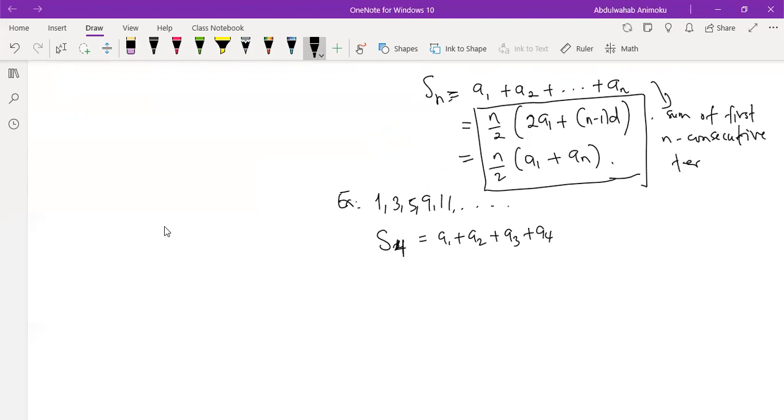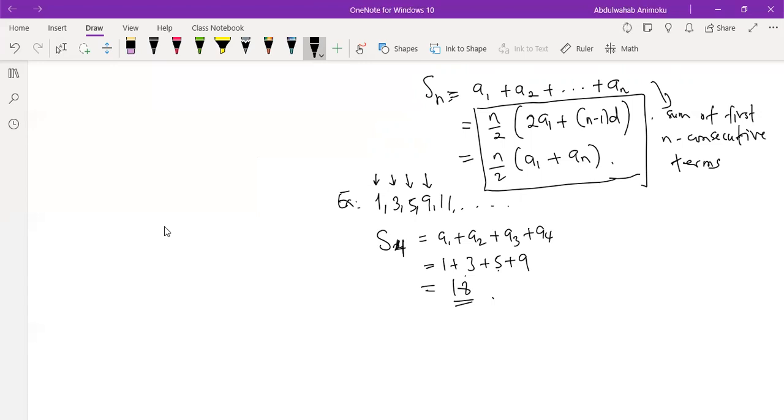Now here, A1, A2, A3, A4, when we add this will be 1 plus 3 plus 5 plus 9. This is the first term, this is the second one, this is the third one, and this is the fourth one. When I add this, that will give me 4 plus 5, that is 9, 9 plus 9, that is 18. So I have 18.